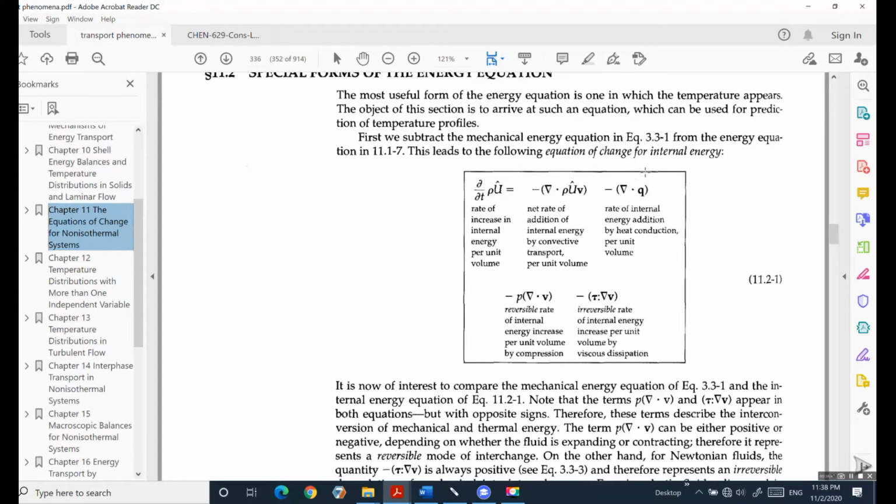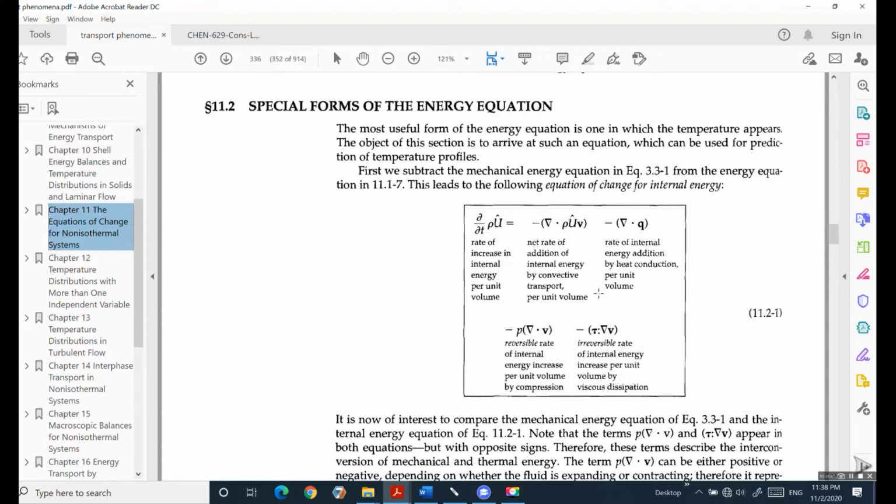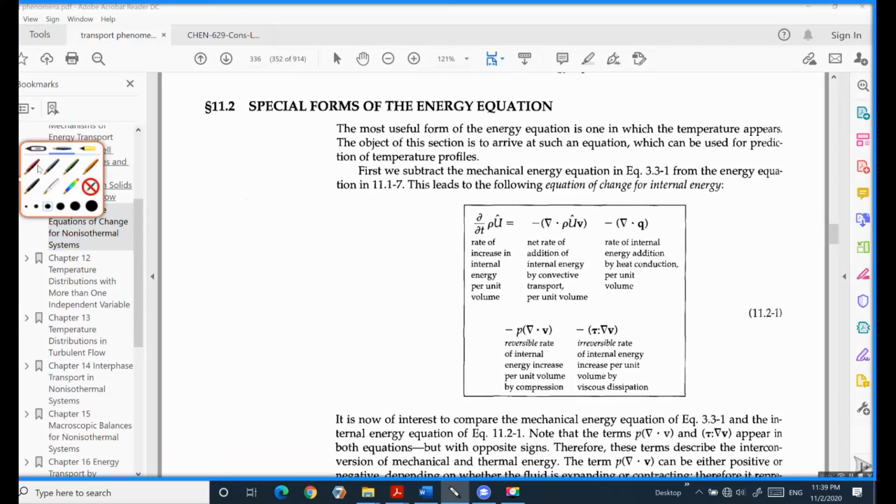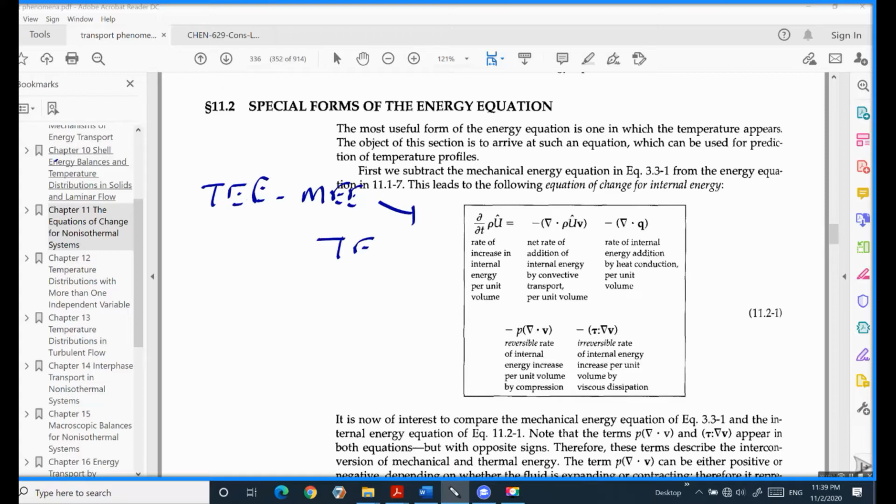Oh, sorry, not internal, this is going to be our mechanical energy. This is going to be our thermal energy. What we are doing here, we are just taking the total energy equation minus the mechanical energy equation, which is going to give this thermal energy equation.